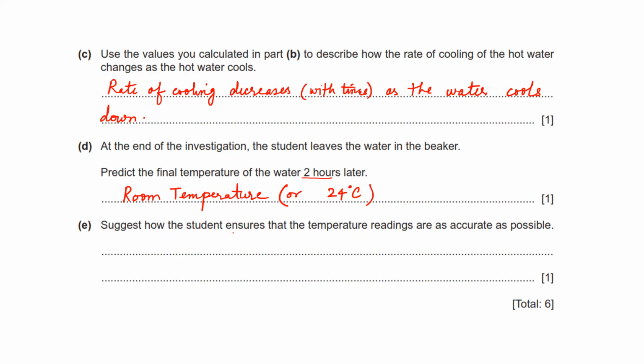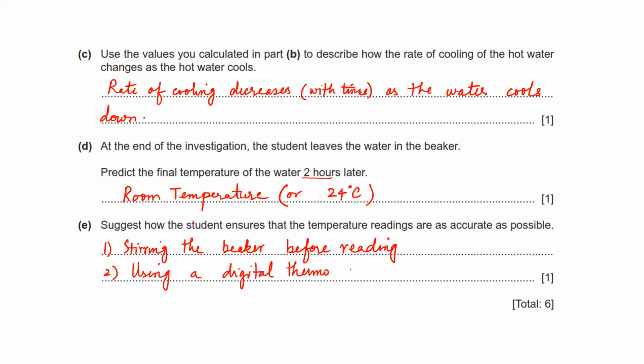It's part E. It says suggest how the student ensures the temperature readings are as accurate as possible. So there are multiple reasons you can write. One reason is stirring the beaker before reading. Number two, using digital thermometer that provides better accuracy.